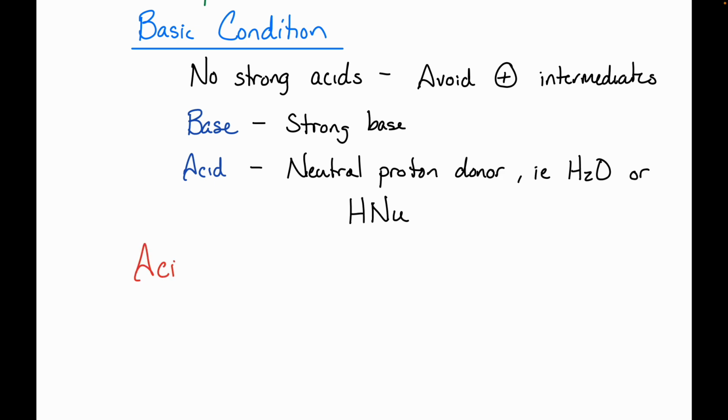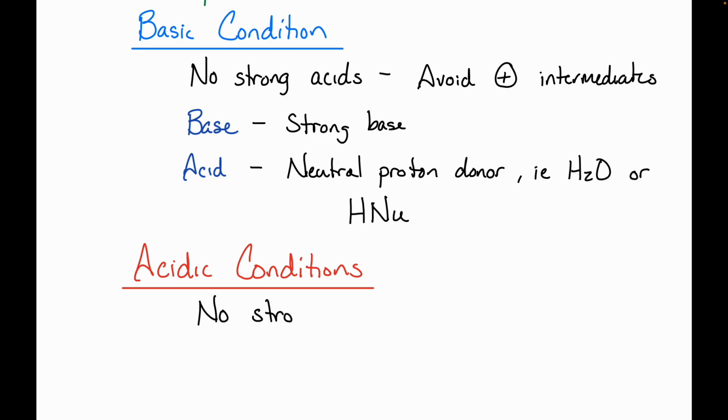Okay, if instead we had these nucleophiles that react under acidic conditions, we better have no strong bases. All right, so then we're going to avoid negatively charged intermediates. We did have an exception.